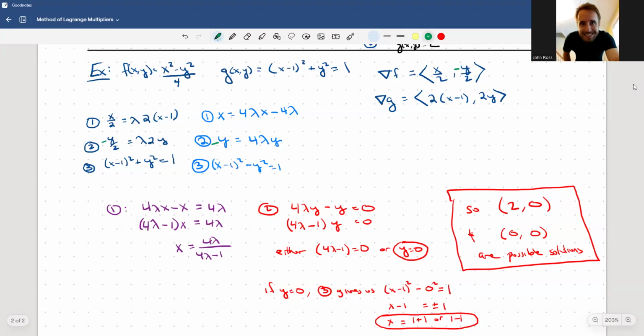And now let's take a look and see how that affects things in this computation. So we had a negative y. That means when we added it to the other side, this should have become a positive. And then when we factored, this should have become a positive. So either 4 lambda plus 1 equals 0 or y equals 0. Okay, so lucky us, we did make this mistake earlier, but we caught it.